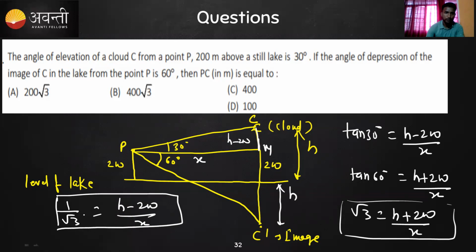What we can do? From here, you can also write x is equal to root 3 into h minus 200. And from here, you can also write x is equal to h plus 200 divided by root 3.